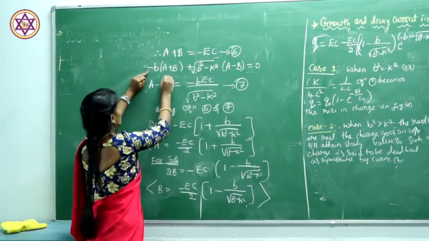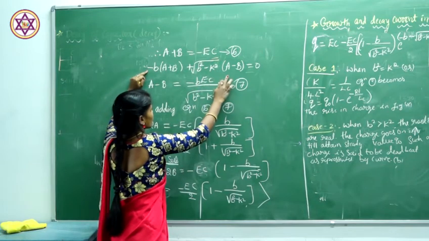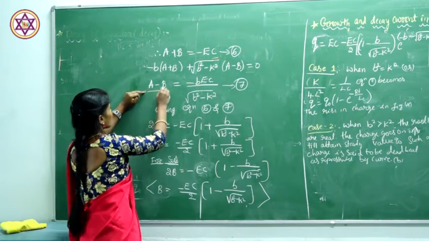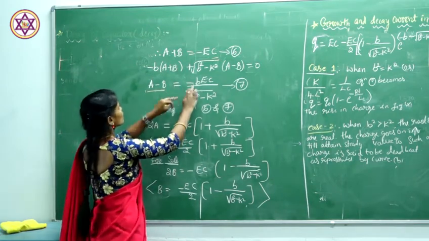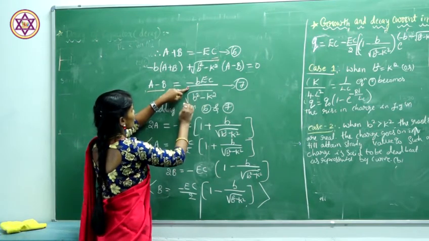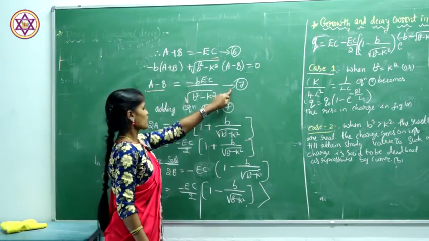Next, a − b = −b·EC/√(b² − k²), which is equation 7.